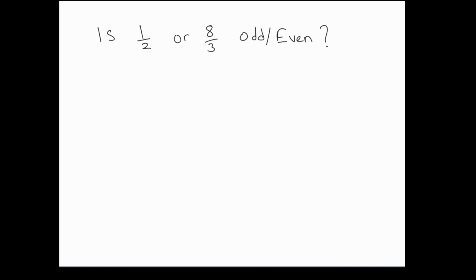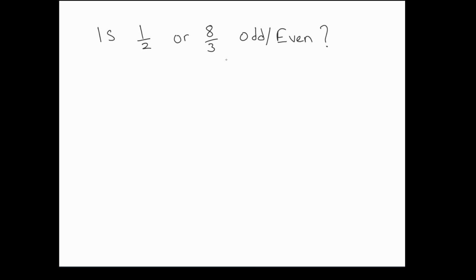And lastly, I want to mention if we get numbers that are not integers. Is 1 over 2 an even number or odd number? 8 over 3, when you divide 8 over 3, you don't get an integer, right? Both 1 over 2 and 8 over 3 actually are not odd or even.